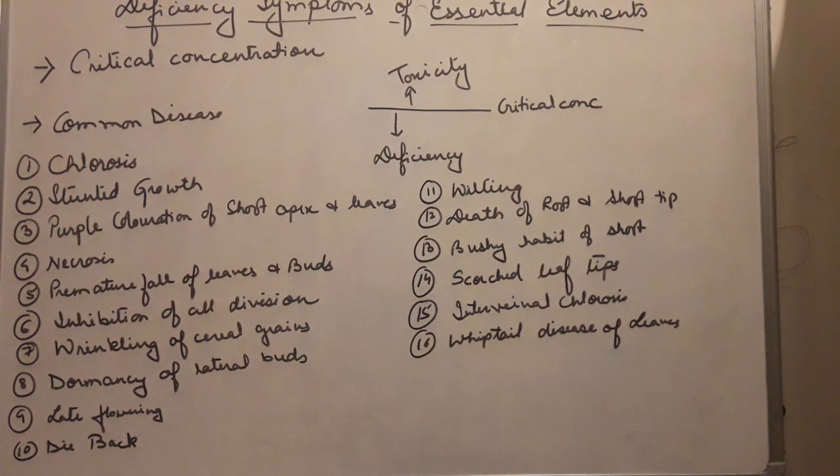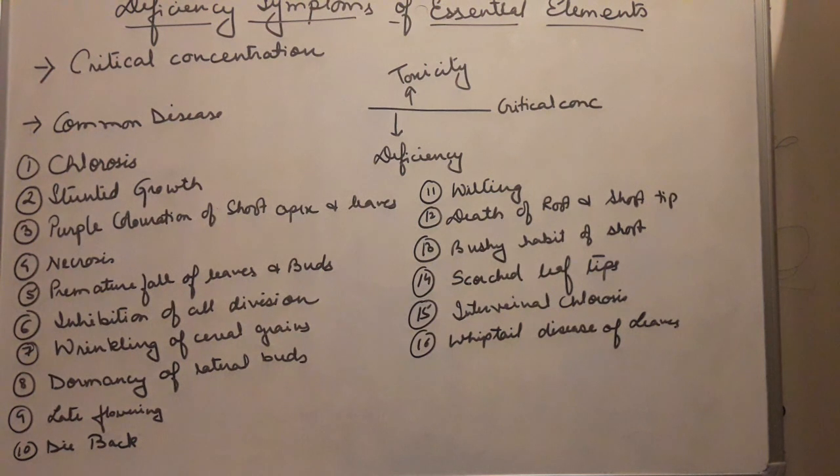But if toxicity occurs, it becomes difficult for the plants to survive. So these are the basic things while we are studying the proper amount of minerals required by the plant. Critical concentration, the minimum requirement; deficiency, lack of the nutrients; toxicity, excess utilization of the nutrients.